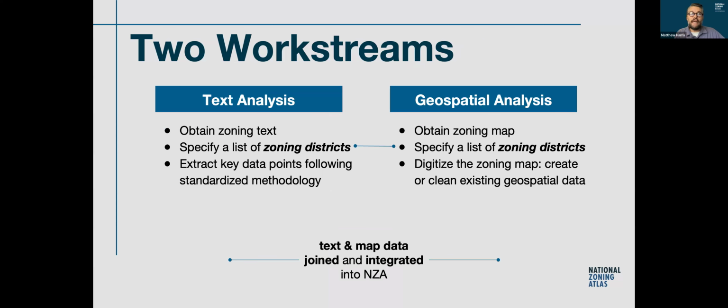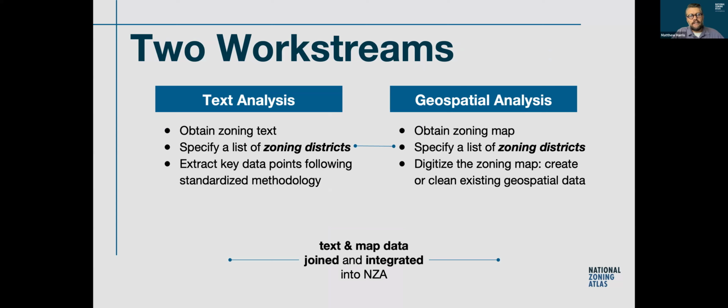NZA team members then complete two work streams per jurisdiction: text analysis and geospatial analysis. The text analyst first obtains a zoning text, then specifies a list of districts and systematically logs key data points using NZA's standardized methodology.